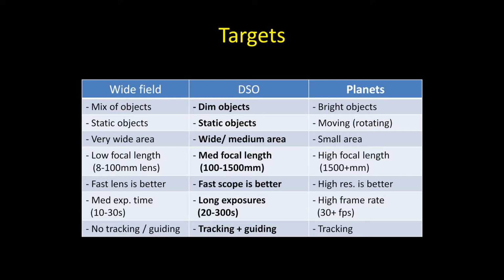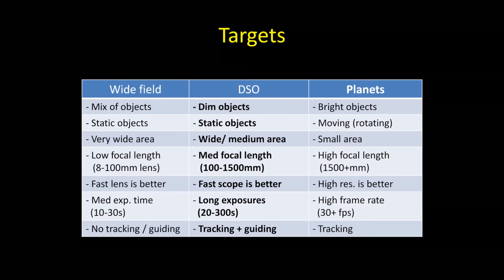When you look at Jupiter and take shots, you can see through time that the images get blurred if you don't do the rotation and things like that. For deep sky imaging, because the objects are dim, usually a faster scope is better, and long exposures are mandatory.